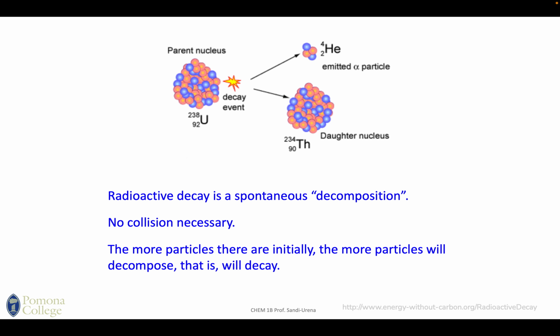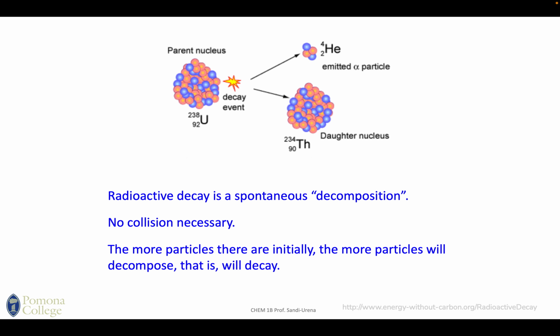Remember from your studying of the different types of reactions, in decomposition we take something and go from one thing to more than one thing on the product side. So when something decomposes spontaneously, that one thing just reacts. It doesn't have to collide with another chemical, so it does not depend on the concentration of another chemical.